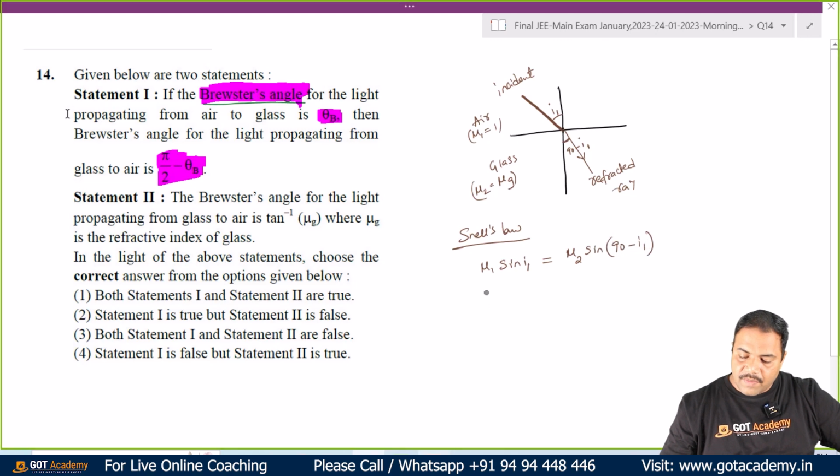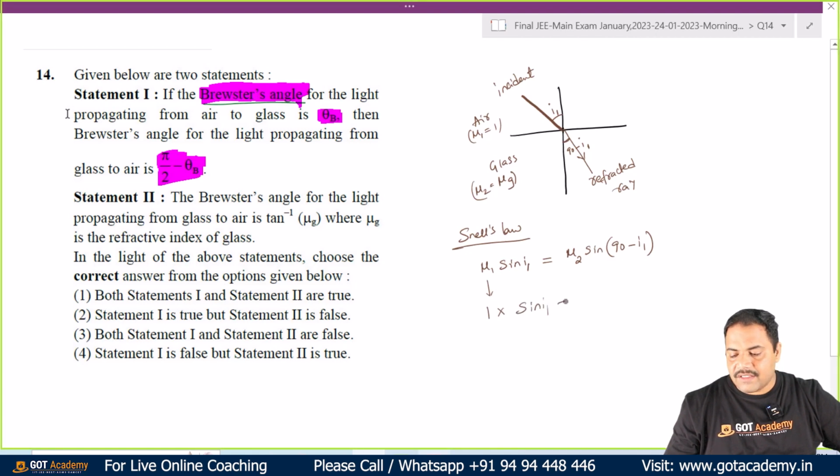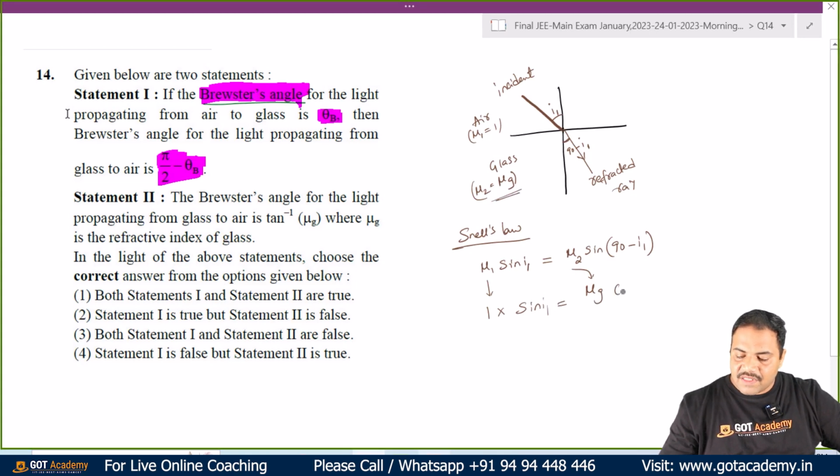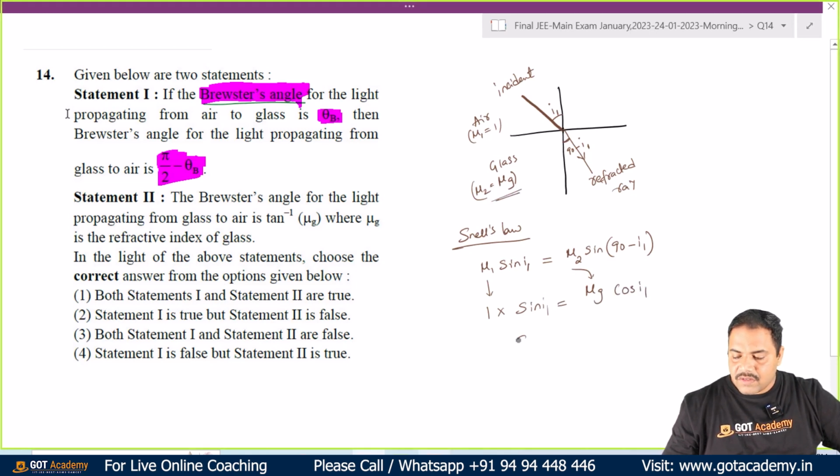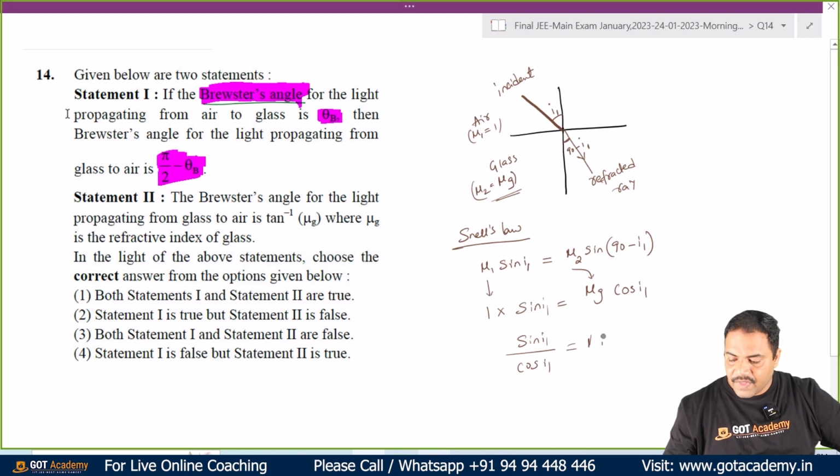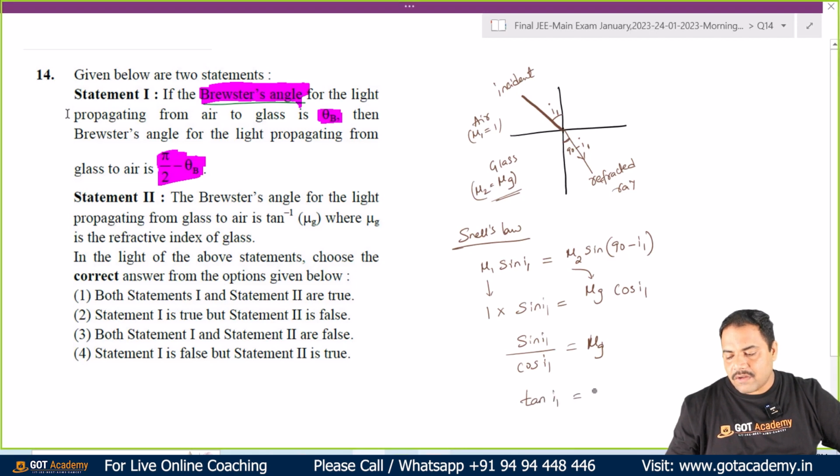Now let us substitute. Mu1 is air, which is 1, into sine I1 is equal to mu g into sine of 90 minus I1. As I mentioned earlier, sine of 90 minus I1 is cos I1. So sine I1 by cos I1 is equal to mu g, that is tan I1 is equal to mu g.